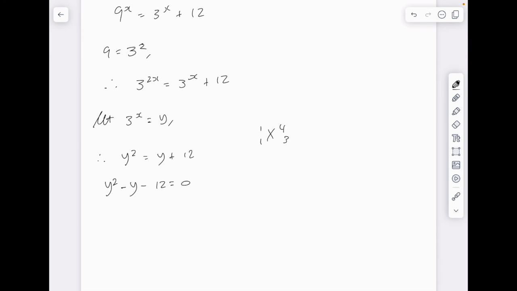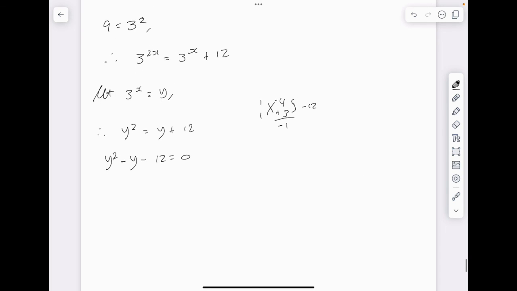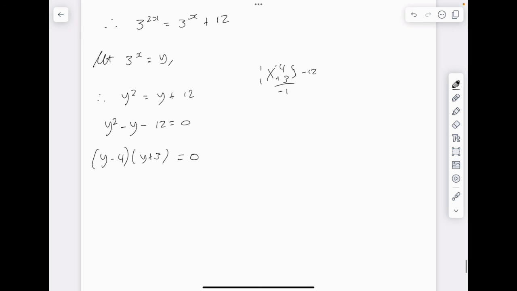Negative 4 plus 3 is negative 1, and times together they give negative 12. So y minus 4, y plus 3 equals 0. Therefore y is equal to 4, or y is equal to negative 3.